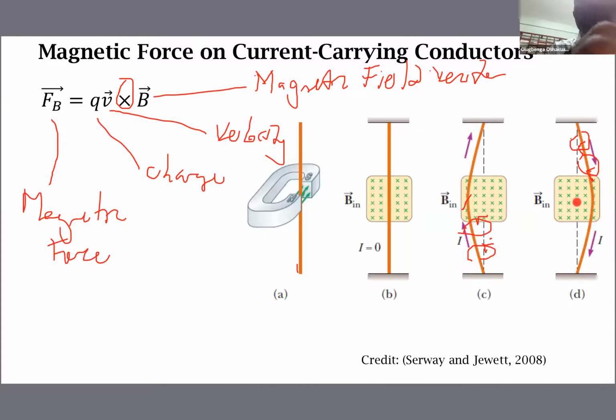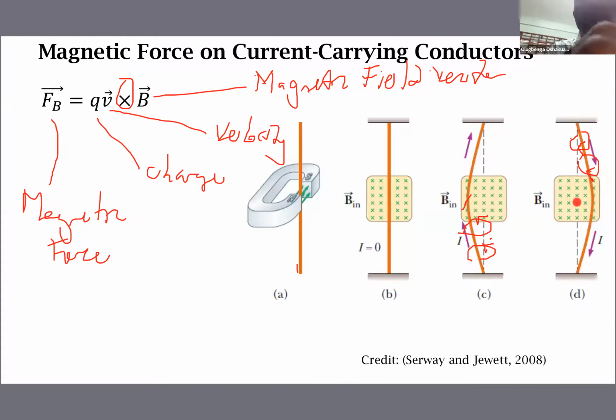So we can talk about current flow through a wire, and we should always remember that when we talk about current flow, we are still talking about motion of charges, the rate at which the charges flow through a particular cross section of wire.